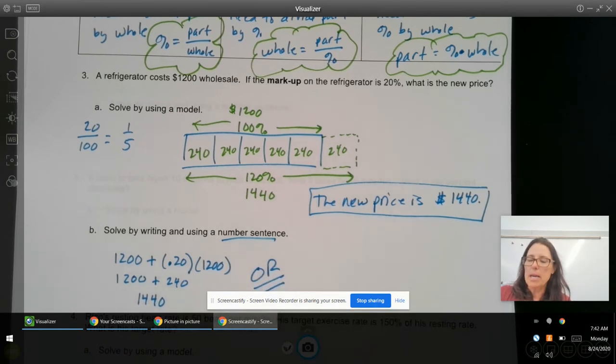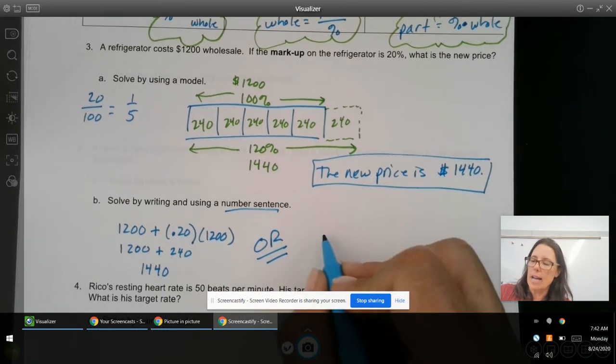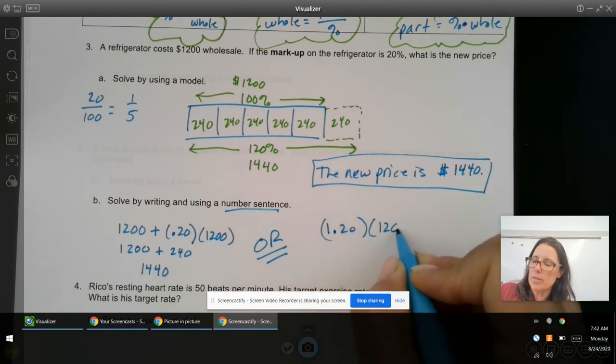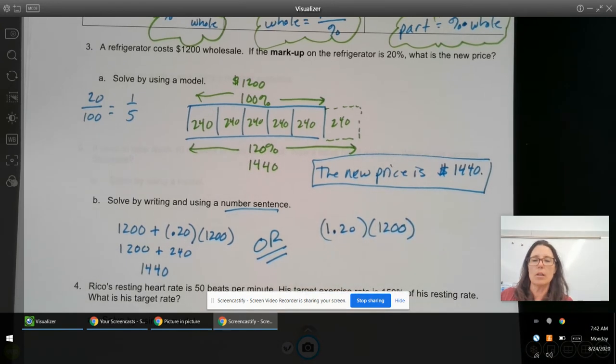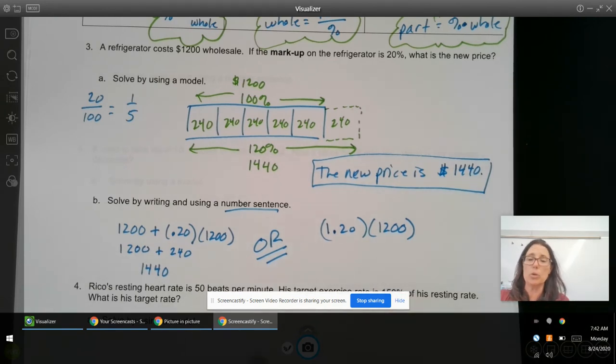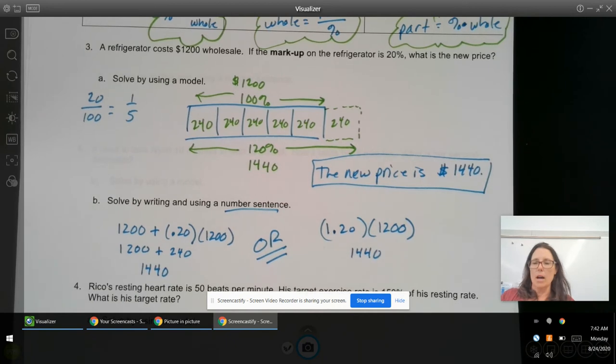Or maybe some of you can tell that we are looking at 120% of this original price. If you multiply 1,200 times 1.2, and feel free to use a calculator to help with some of these multiplications, no need to make homework twice as long to figure that out by hand, this is 1,440.